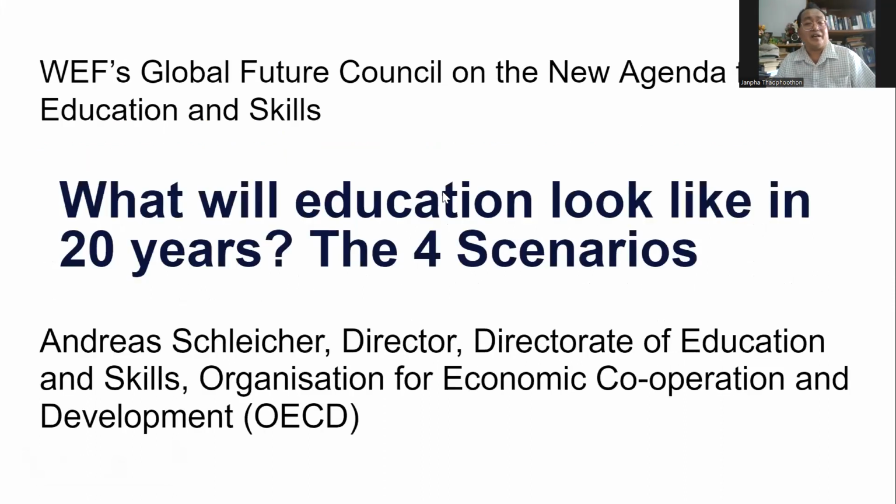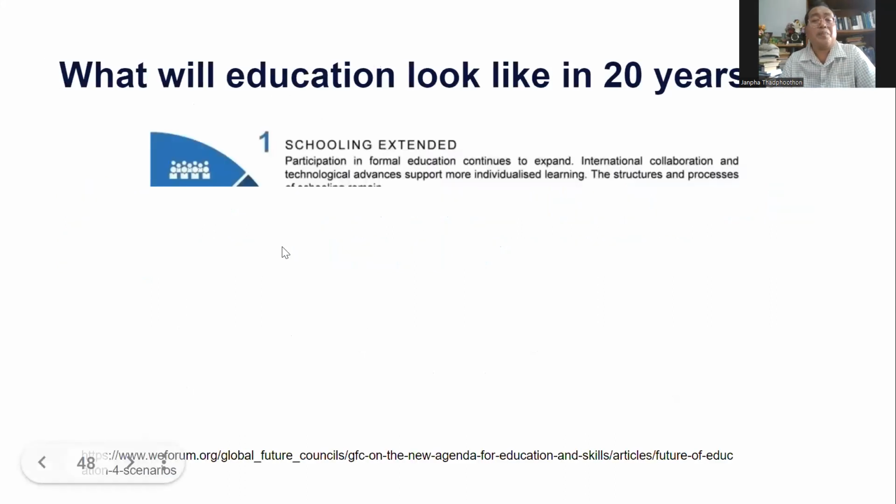Okay. And the World Economic Forum has come up with, I think, Andreas Schleicher, the director of the OECD Directorate for Education and Skills. He published 4 scenarios of what education will look like 20 years from now, 2 decades from now.